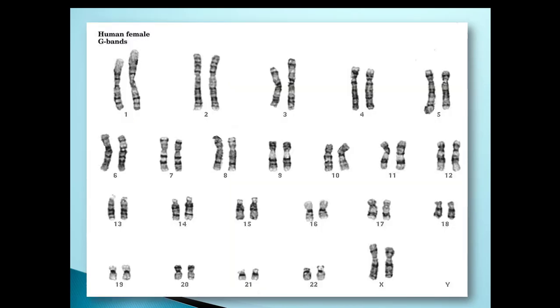This is the chromosomal picture under the microscope. You can see the different shapes and colored map of the female chromosomes. How do I know that? Because I see X chromosomes here, and there is no Y chromosome. If there is no Y, it means this organism is female.